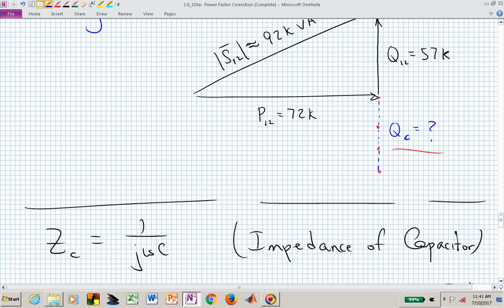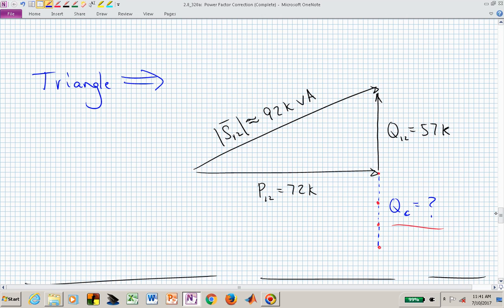Well, that's what I was saying up here. We can make it whatever we want, but if we have total control over that capacitor, we could make Q sub C be exactly the opposite in sign of Q sub 1,2, so that we exactly cancel the reactive power in the overall circuit of the capacitor and loads 1 and 2.